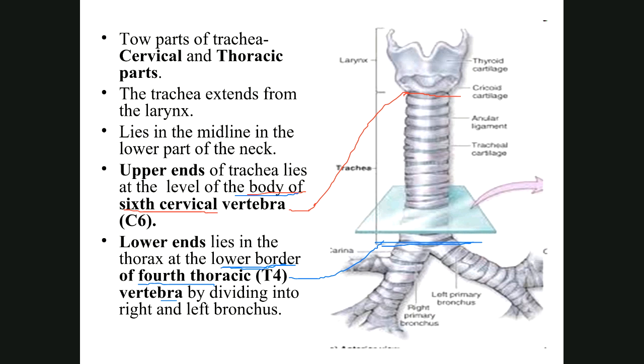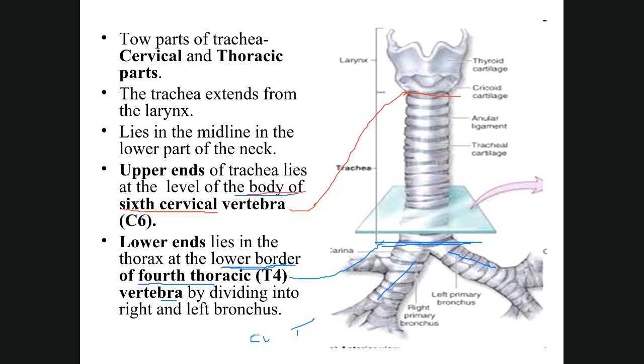And then it divides. Whenever you write thoracic vertebra or cervical vertebra, you have to write C6, T4: C for cervical, T for thoracic. Then it divides into two bronchi.